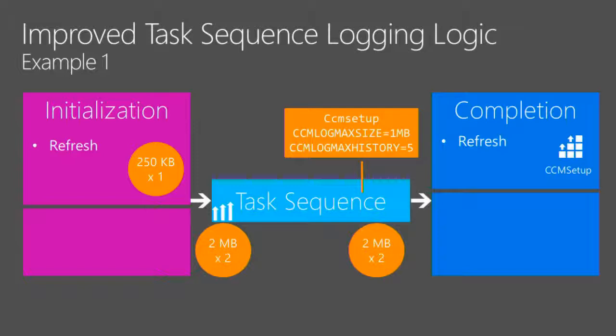We will store those settings, and we'll continue to use the same size and history that we started the task sequence with. So you can ensure that all the way through the task sequence, you will have the same logging all the way through. And then because you specified those parameters on the command line, we'll use those and we'll set those on the client once the task sequence completes. So those are the changes that we've made to task sequence logging.